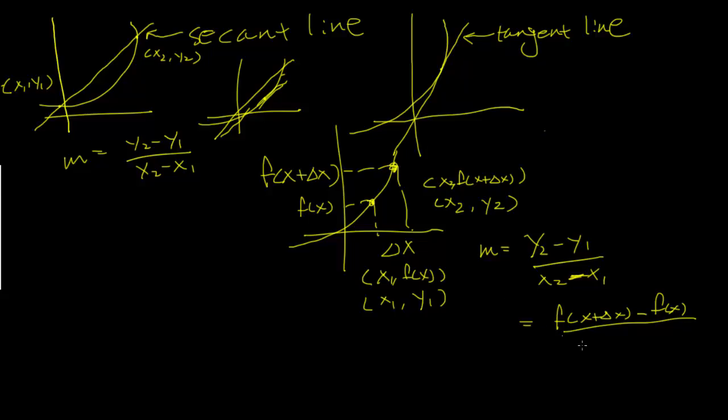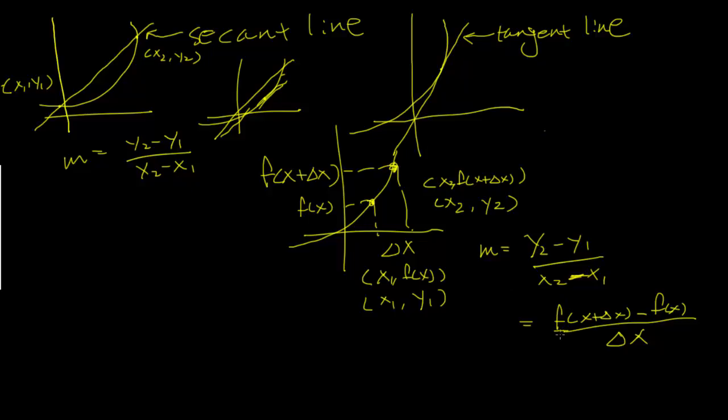So it's going to be over delta x. Now if we leave it like this, it's going to be the slope of a secant line, or the average. It's not going to be the instantaneous slope.